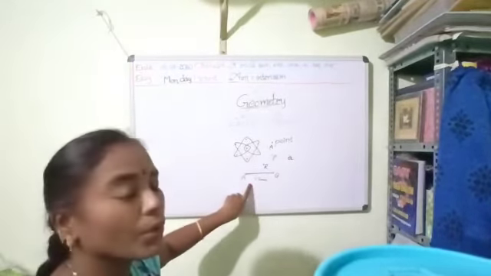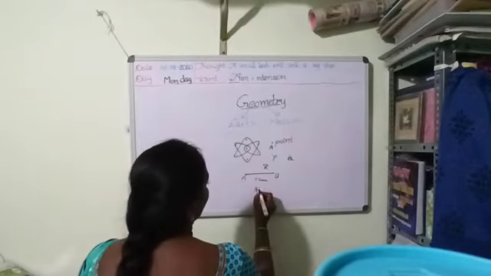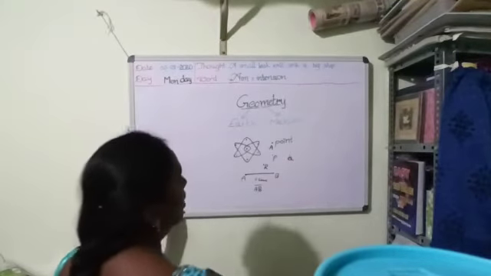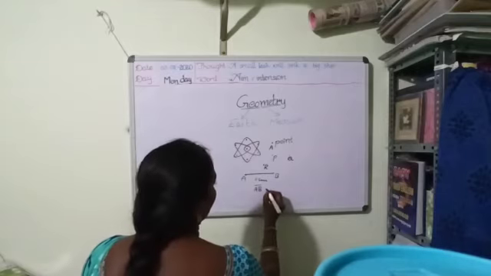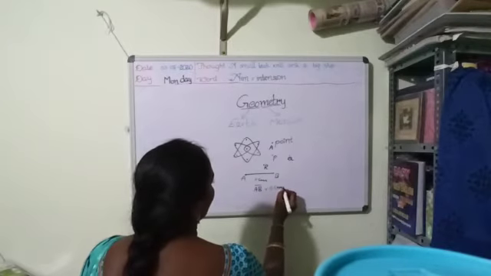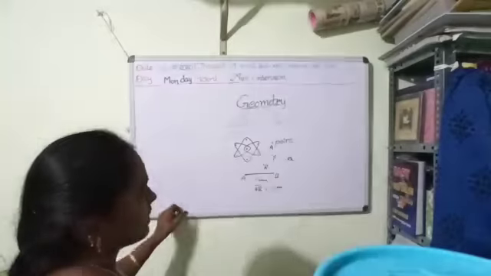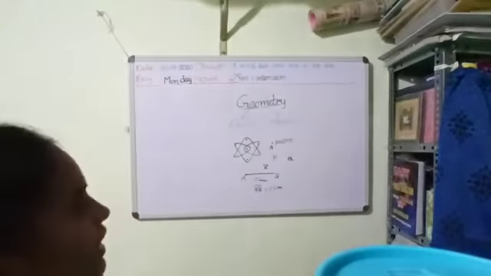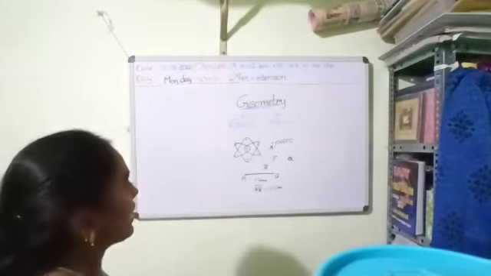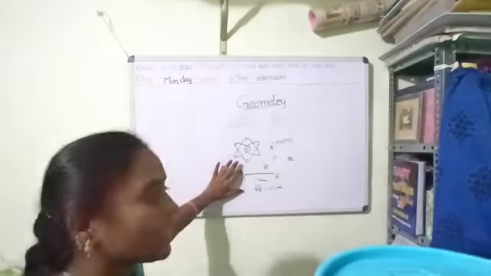We write capital letters AB, AB bar. AB bar is equal to 11 centimeters. And it has a particular length.